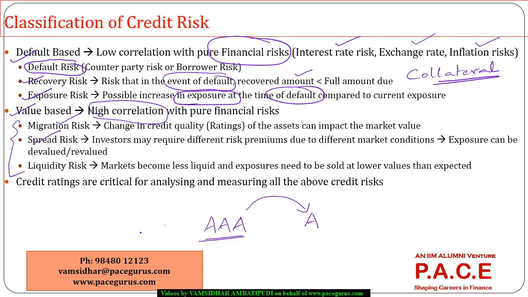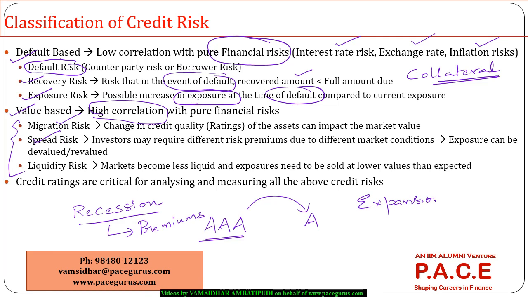Sometimes when the economy is in a recession, it is very much possible that the investors would charge a more premium for the investments that they have done compared to when the economy is in an expansionary phase.